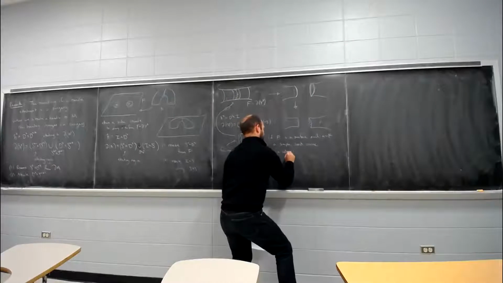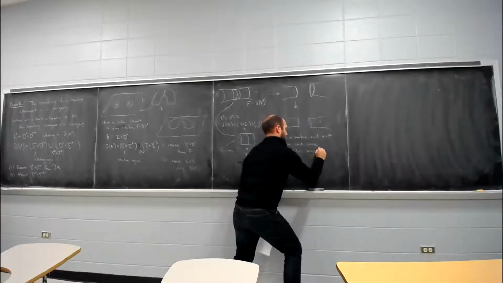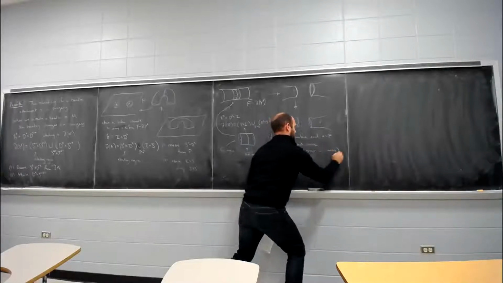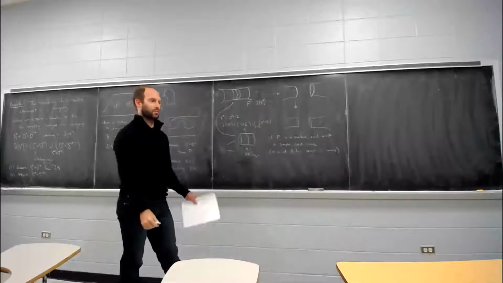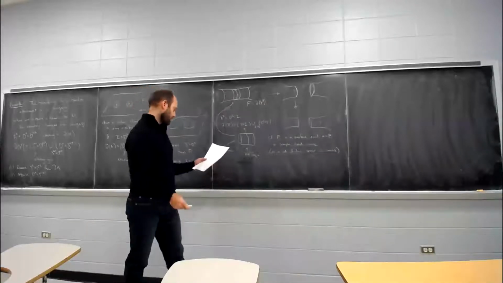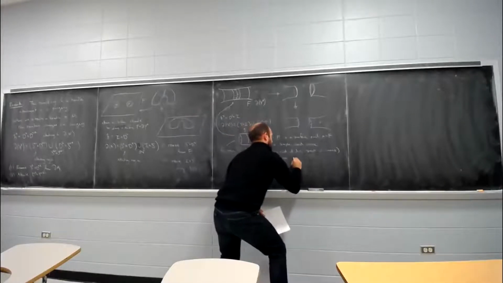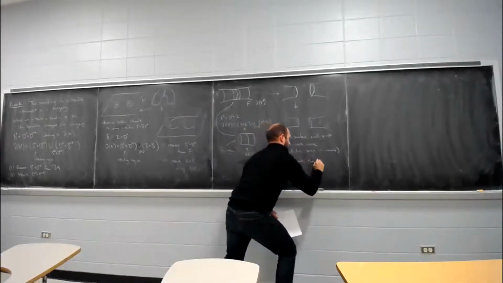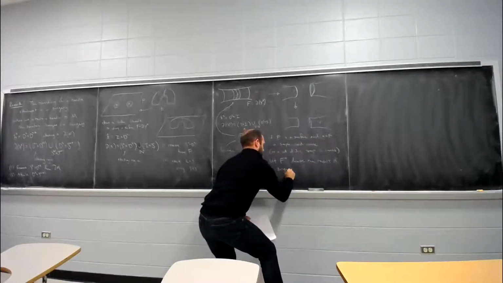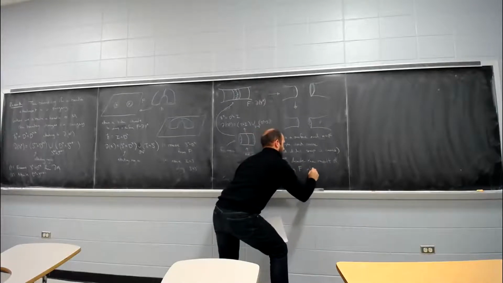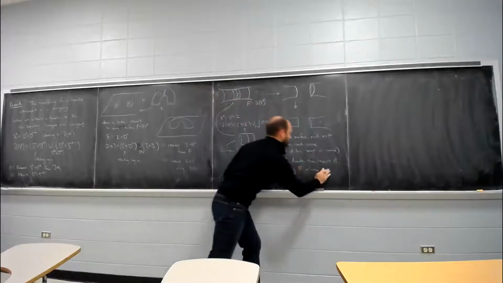Or a collection of disjoint simple closed curves. And then from now on, I'll probably just say curve instead of simple closed curve. Let's let F superscript alpha denote the result of surgery on F along alpha.